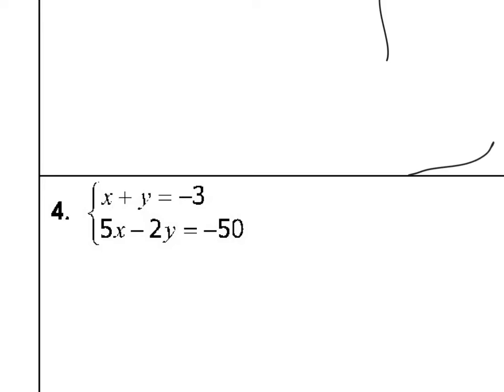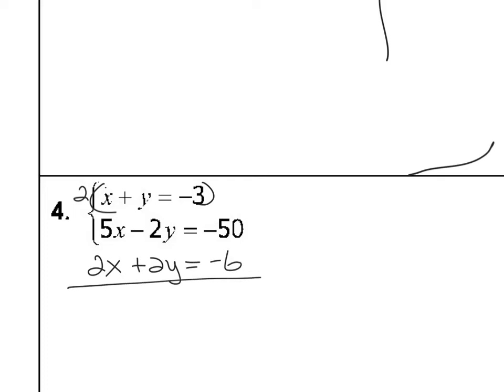Either one doesn't matter. Or you can multiply it by 2. So let's do that, 2's smaller. All right, so we're going to get 2x plus 2y equals negative 6.